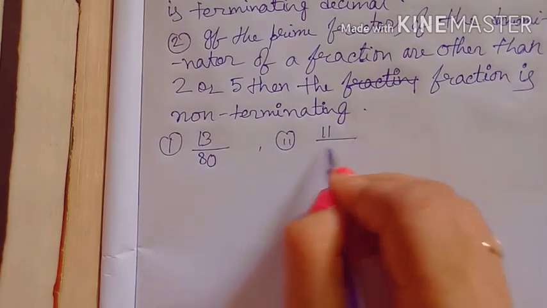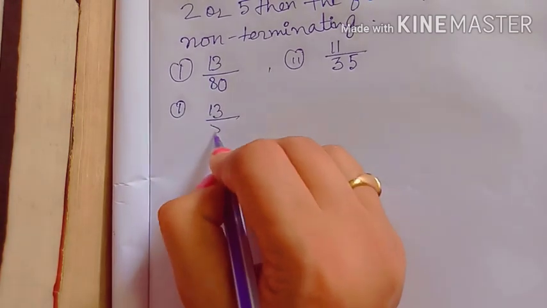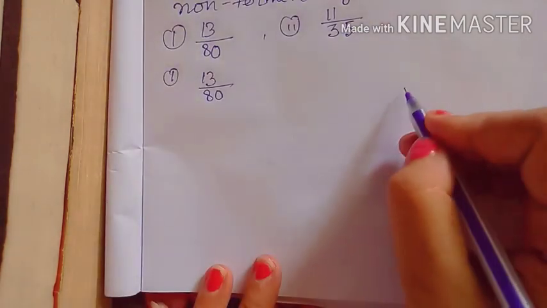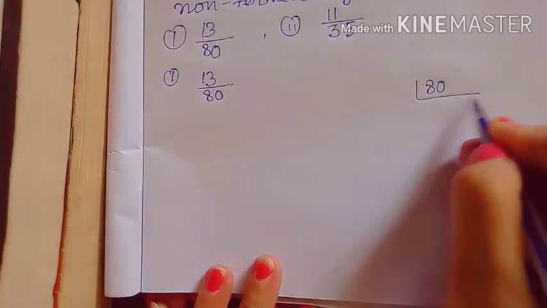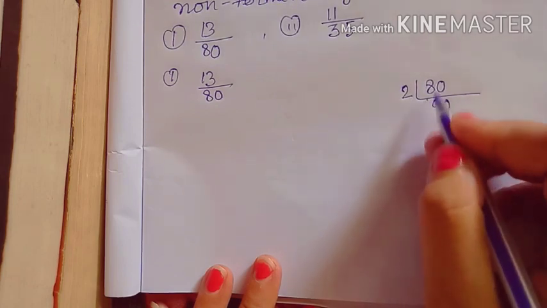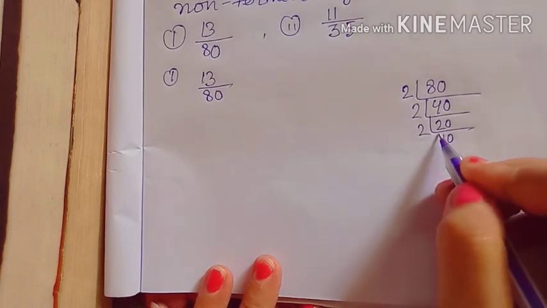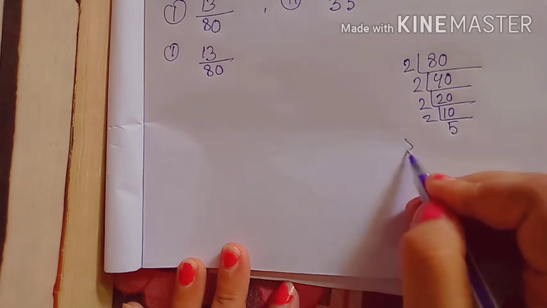This is 13 by 80 and this is 11 by 35. We don't have to do anything; we just have to write the corresponding note after factoring the denominator. Let's say 13 by 80. First of all, you have to factor the denominator by the prime factorization method. 2 40s are 80, 2 20s are 40, 2 10s are 20, 2 5s are 10.